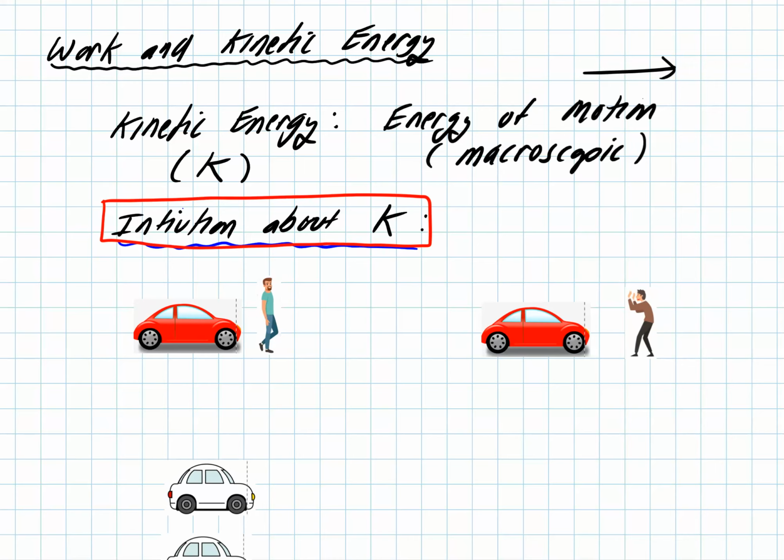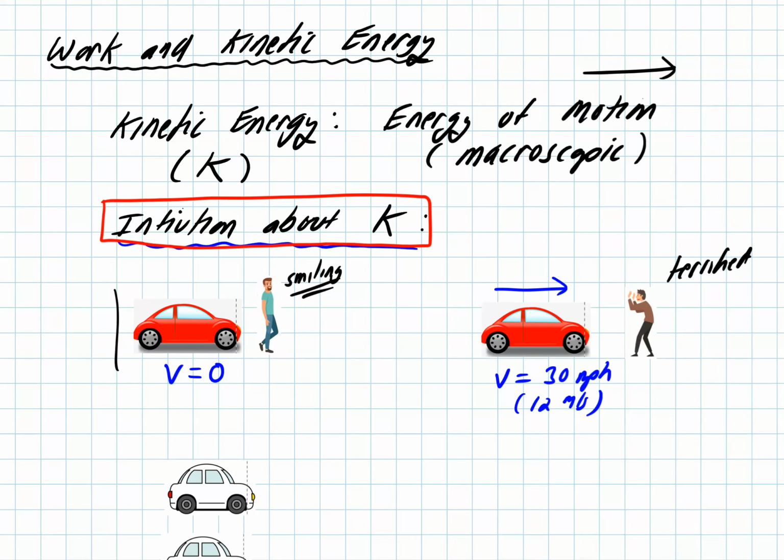All right, you already have a lot of intuition about kinetic energy. For example, here we have two cars, and on the left we're going to say that the car is not moving, and in this one the car is going 30 miles per hour. That's maybe like 12 meters per second. So this guy is moving and the guy on the left is not. So why is this guy smiling and this guy is terrified?